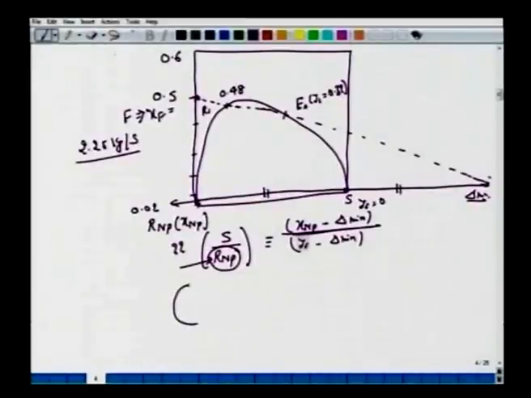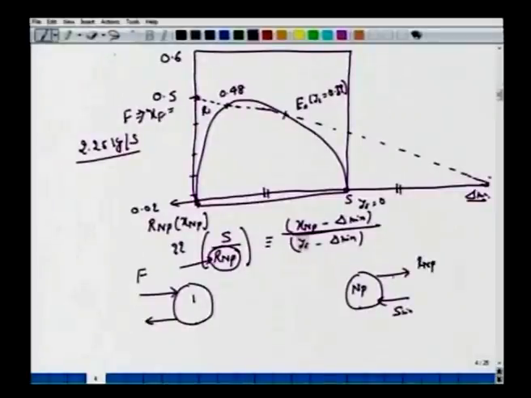Let's see the schematic. We have the first stage and we have the last, so we can make an overall material balance here. So we have F plus S min equals RNP plus this extract E1. Knowing this F and S min, we connect this.